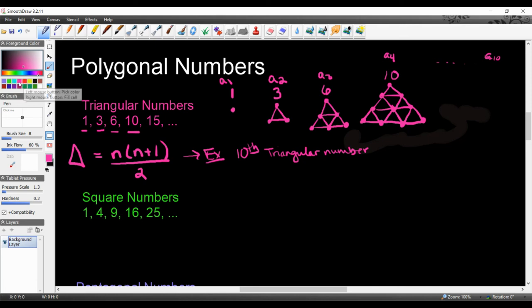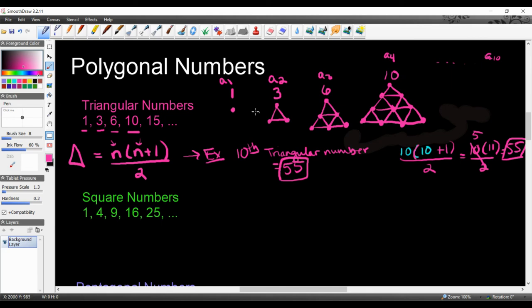So I could say 10 times 10 plus 1, divided by 2. So I'm just plugging it into these two n's right here. That would be 10 times 11 divided by 2. Let's see, 10 divided by 2 is 5. So the answer would be 55. So the 10th triangular number is equal to 55, which means that if I were to construct the triangles like I did up here, I would have 55 dots up there.